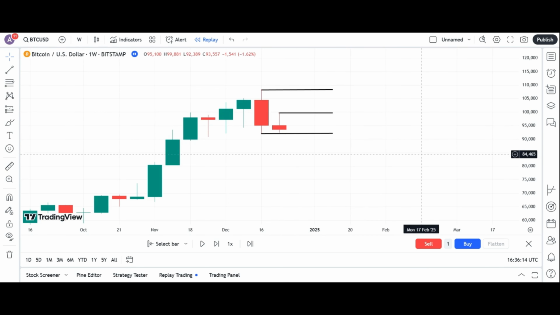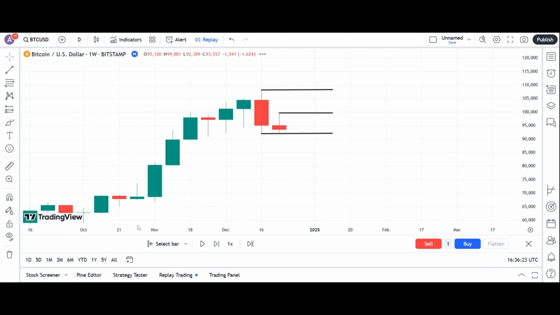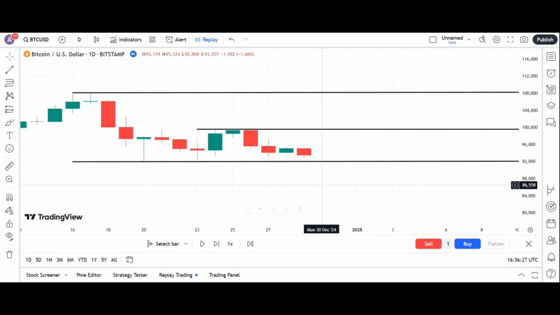So after that we change the time frame from the weekly time frame to the daily time frame. Let me change it to daily, and we can see that the last candle is so close to the lowest point of the first candle.